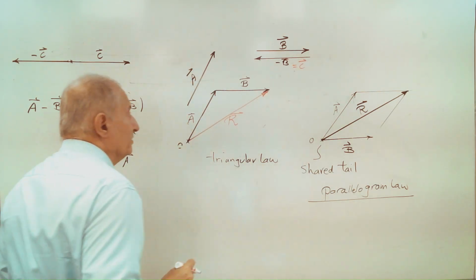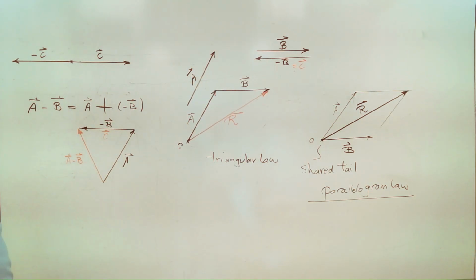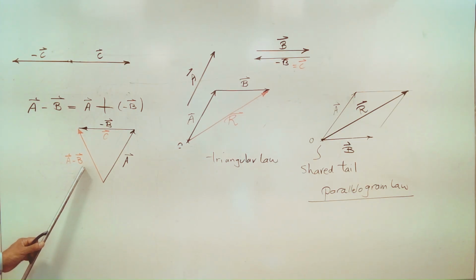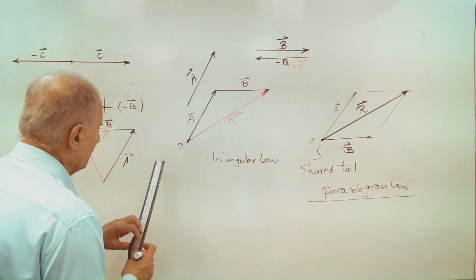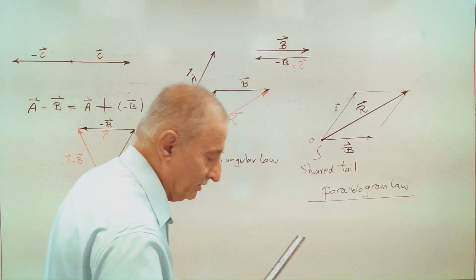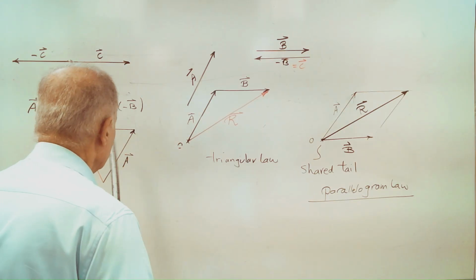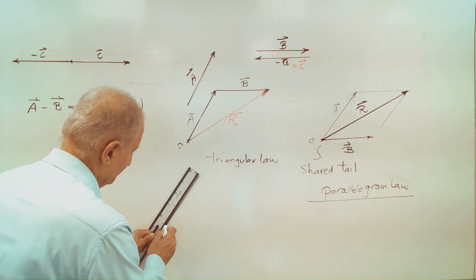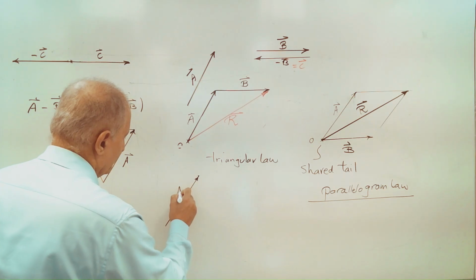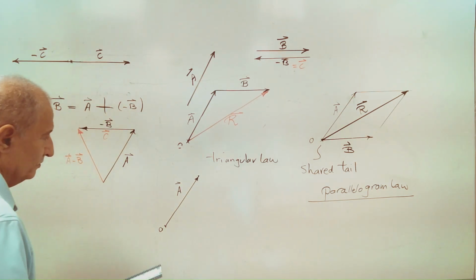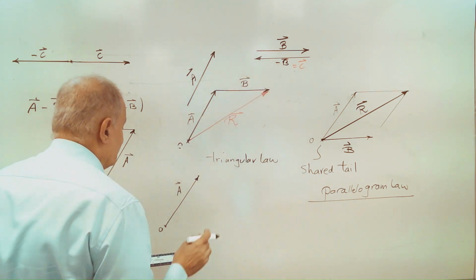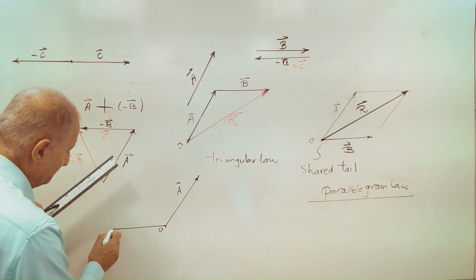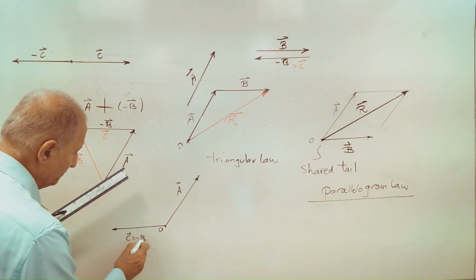You can call it vector C. Then I add A to vector C. If I want to use the parallelogram law, I draw free vector A again, parallel to A, and from the same tail, draw minus B here, which is vector C, parallel to minus B, which is equal to minus B.